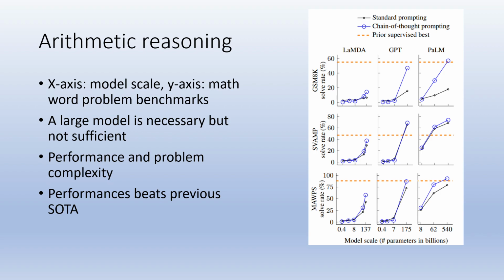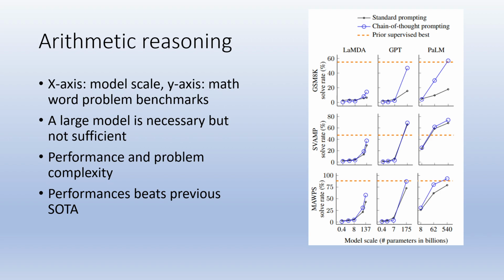Secondly, given that the sample of questions in GSM 8K are much more complex than the sample of questions in the MAWPS, we see that chain of thought prompting performs much better on the more complicated set of problems than the less complicated ones, which shows us some kind of correlation between performance and problem complexity.